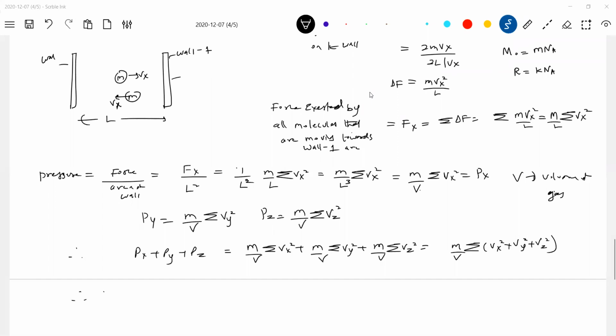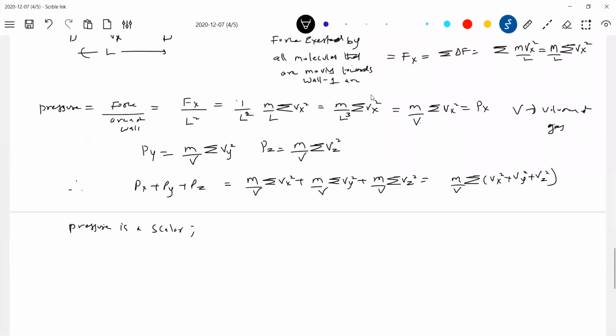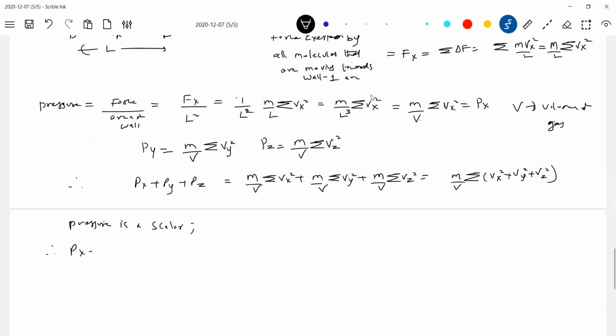So what is the total pressure? It will be the same P only. Pressure is a scalar. Therefore, Px equal to Py equal to Pz equal to P. There's a reason. So now I'll write it as P plus P plus P is equal to m by V summation of v square, so this will become 3P.